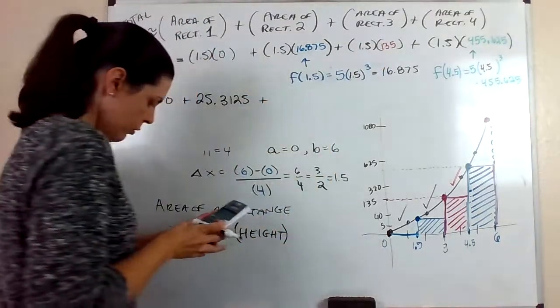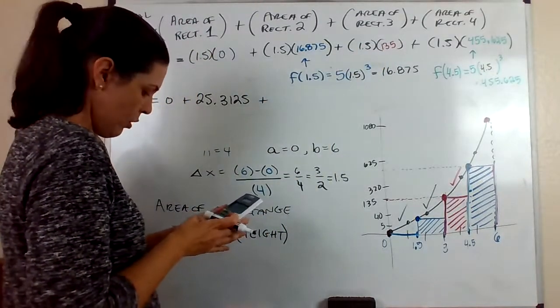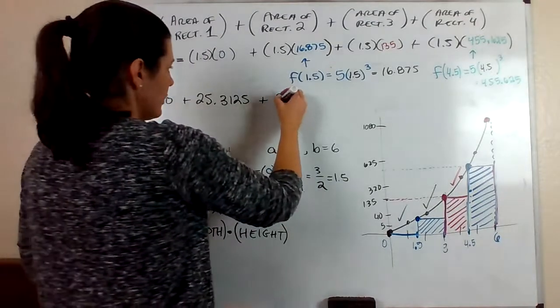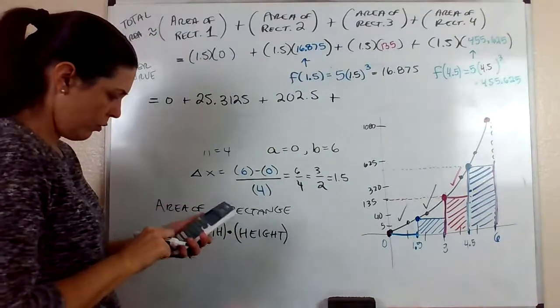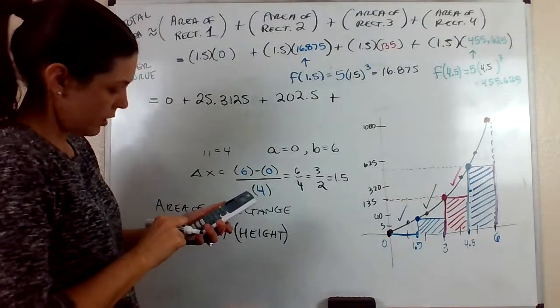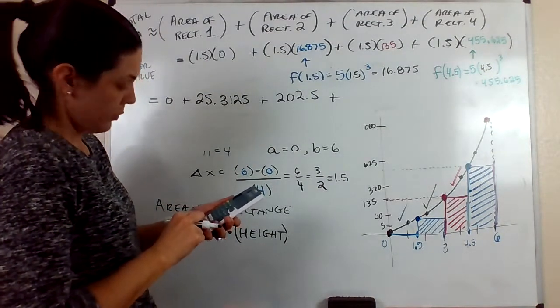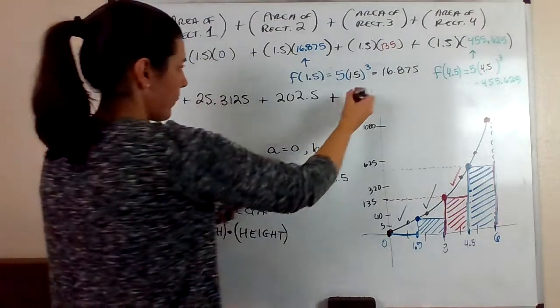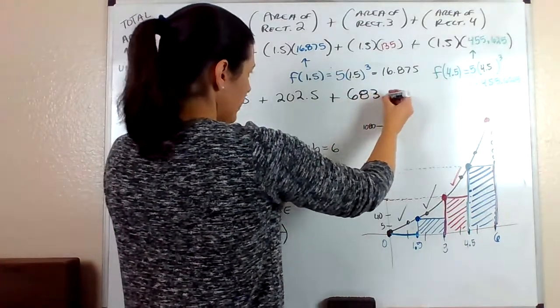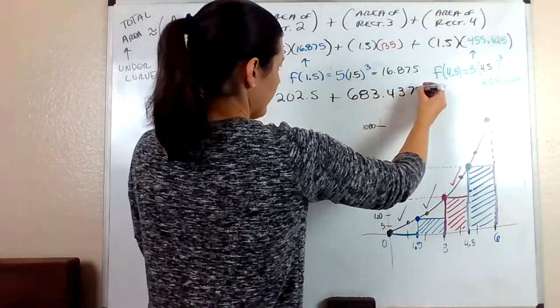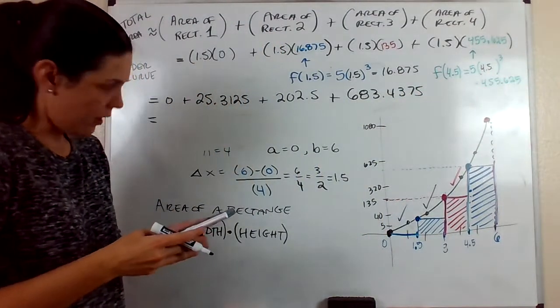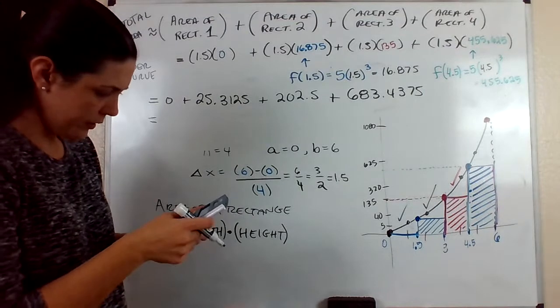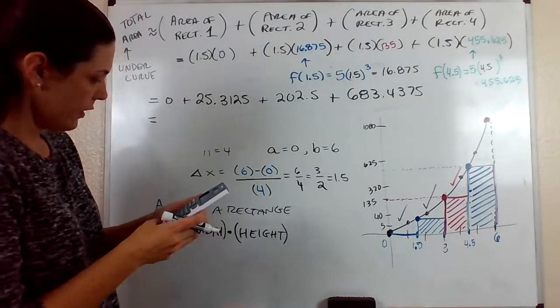Third rectangle, 1.5 times 135 is 202.5. Last rectangle, 1.5 times 455.625 is 683.4375. Okay, let's put it all together. So we got our 3 values plus 0, so we don't have to write that.